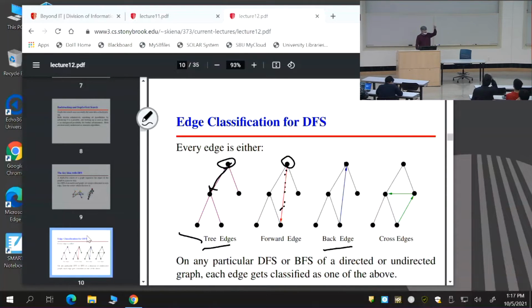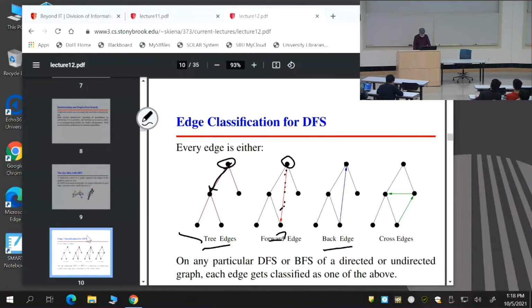As you start a Depth-First Search from a particular node, it's going to discover every edge once, and that edge is either going to be a tree edge, meaning it discovered a vertex, or it could go to some vertex that is already a descendant of it.